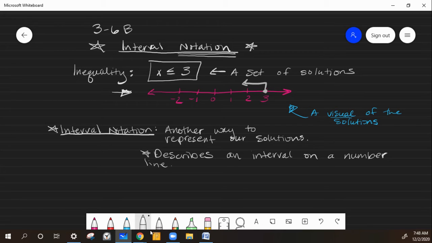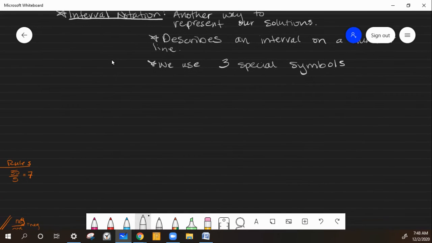That's a time interval. So it's a portion of something. So what we do is we use 3 special symbols, and we're going to write what those three special symbols are right here.